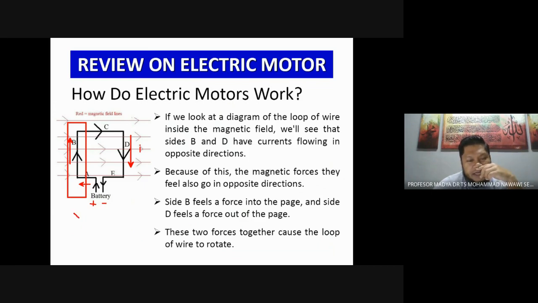An X shows that it's going into the slide. The dot shows that it is coming out of the slide. Can you predict which side this coil will move?